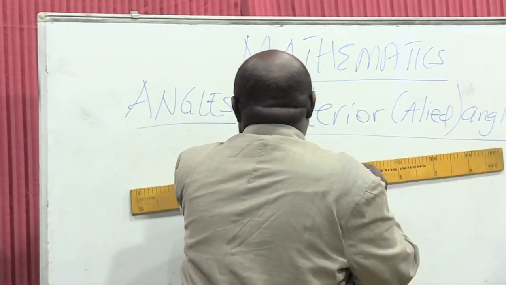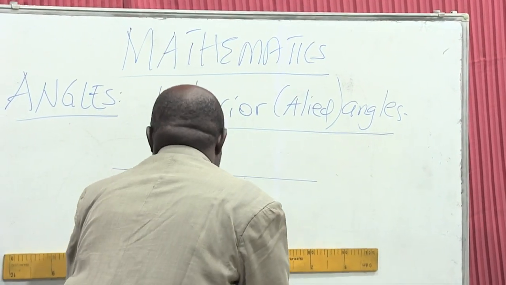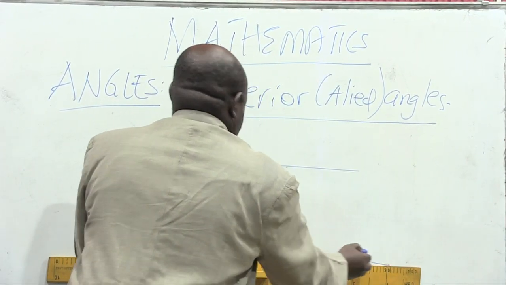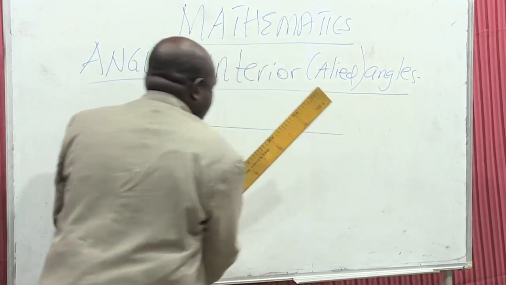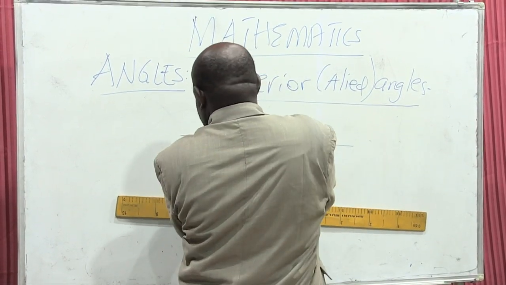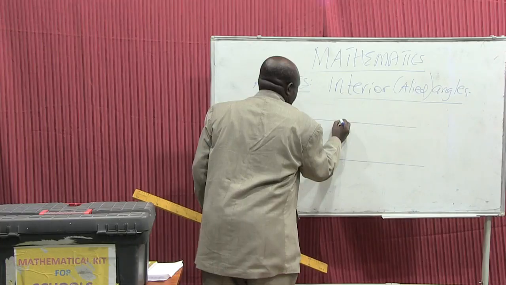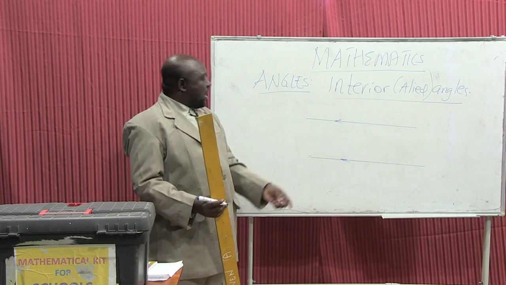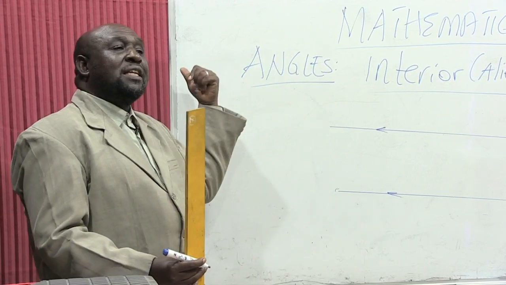Let me draw it here. Now we say the two lines are parallel, shown by these arrows, that they continue in the same direction.